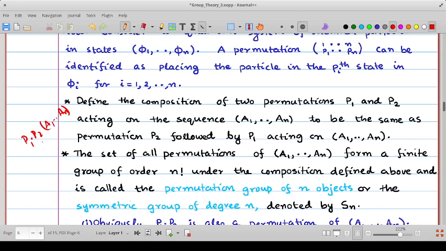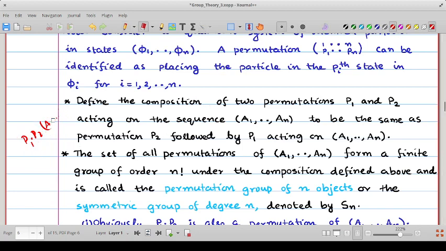This can be considered as the action of the permutation P2 acting on this sequence first, and on that result P1 will act. So the result of these two operations, P2 followed by P1, will be the result of a permutation defined by P1 composition P2. So obviously a permutation followed by another permutation is also another permutation. So the closure property is straight away satisfied.